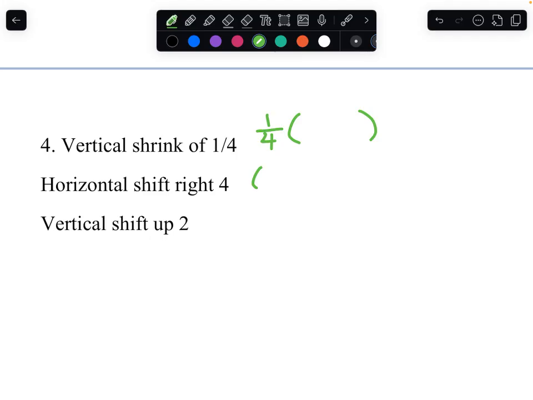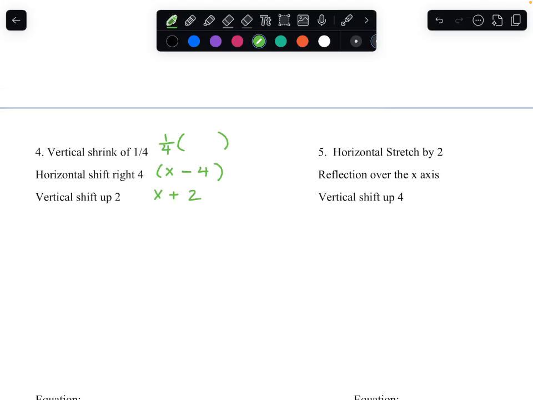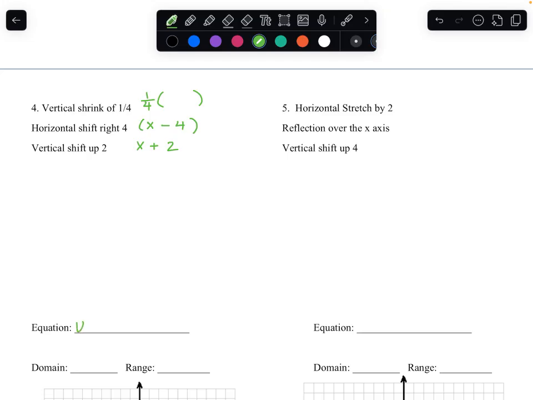A horizontal shift right 4, and then finally this would be outside, x up 2. And so our equation would be y equals 1/4 absolute value x minus 4 absolute value plus 2.